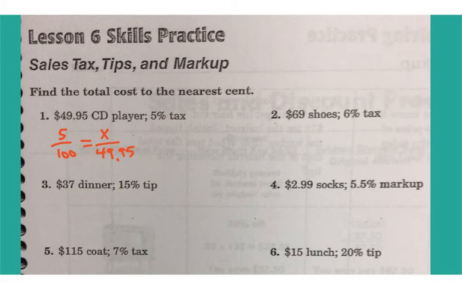And I'll show you two ways to do it, all right? I'll show you how to work with an equation to find that, or to set up a proportion like this. So we know we can cross multiply. So we know that 100 times x, 100x, is equal to 5 times 49.95.